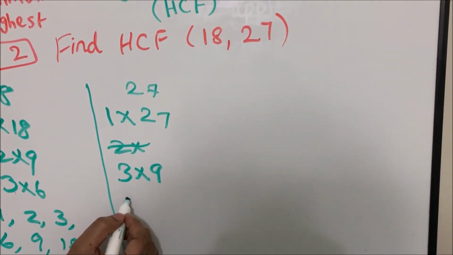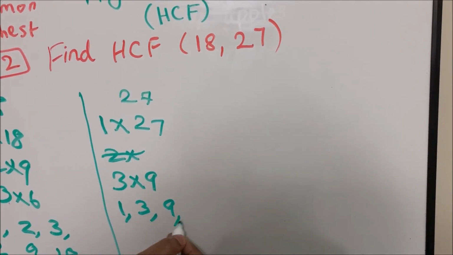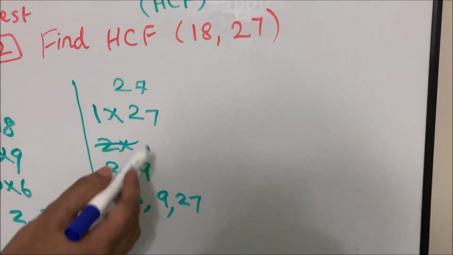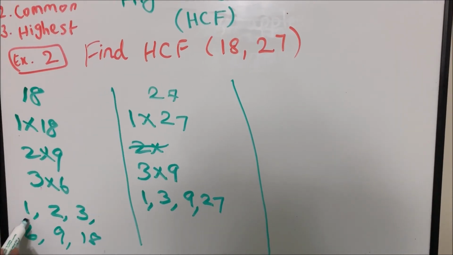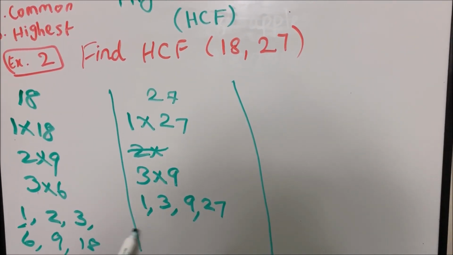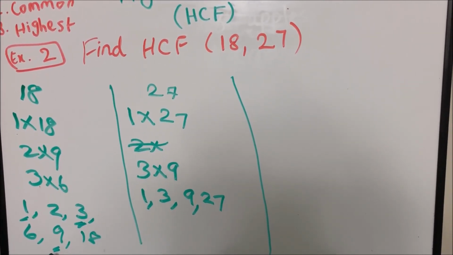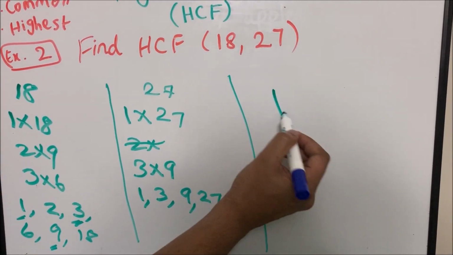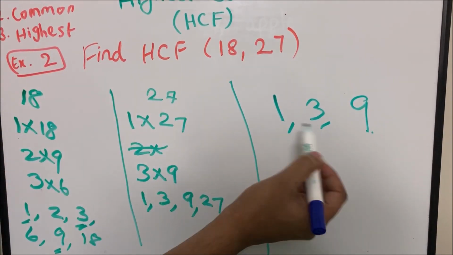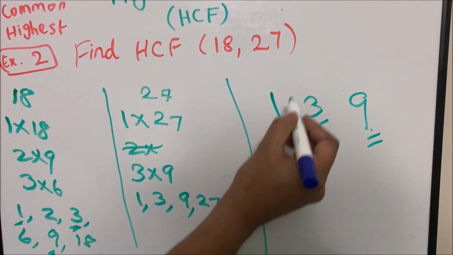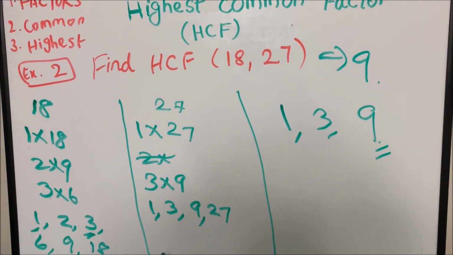So the factors are 1, 3, 9 and then 27 itself. Next common: 1 and then 3, then 9. The common factors are 1, 3, 9, and now the highest among the common is 9. So the HCF of 18 and 27 is 9.